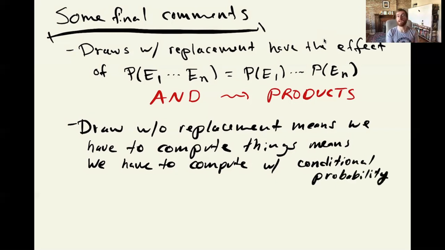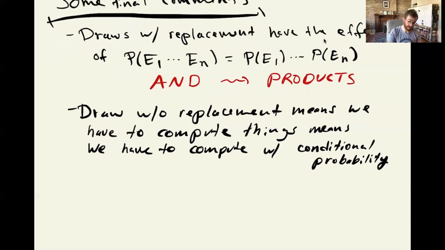That means we have to consider what happened before when computing the next thing.